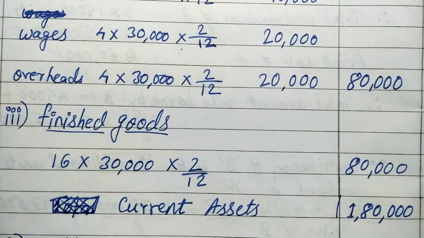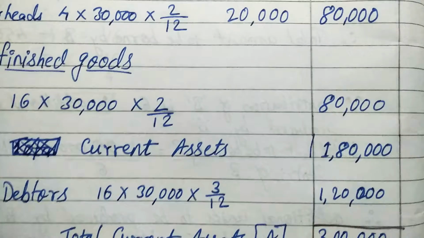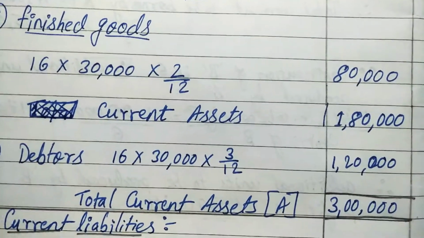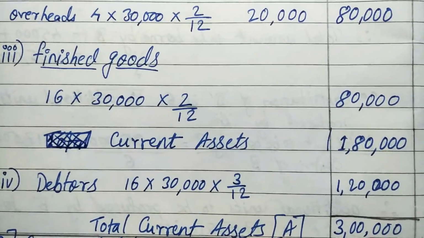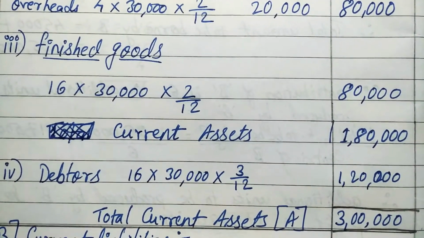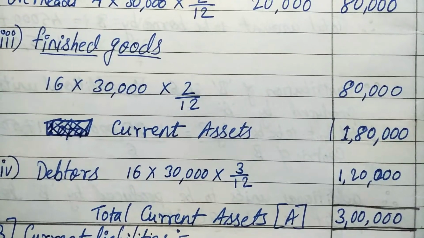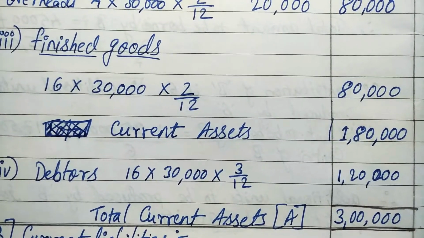The total of raw materials, work in progress and finished goods comes to 1,80,000 rupees. In this again we need to add the debtors, to whom you have already sold the material and the money is yet to be received. The credit allowed to your customers is 3 months.